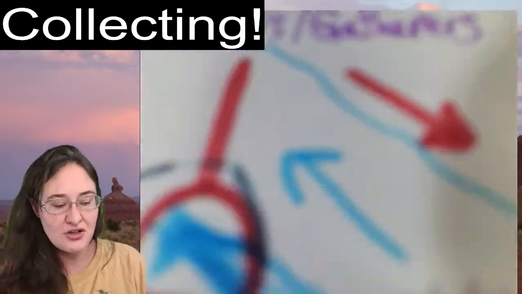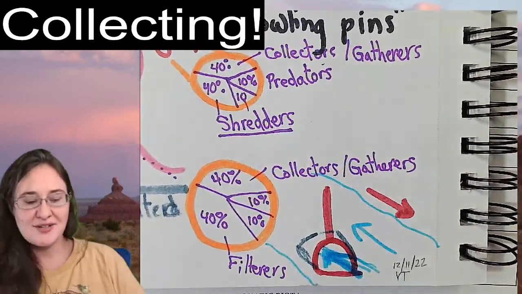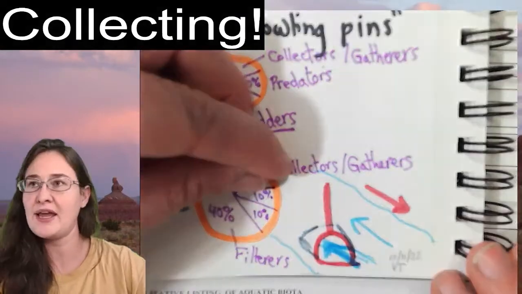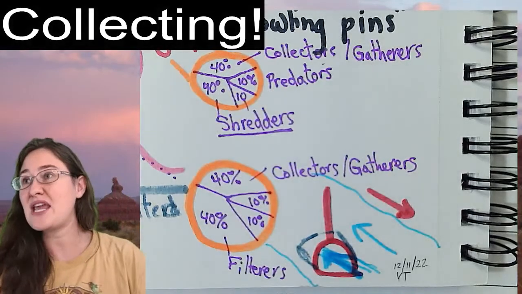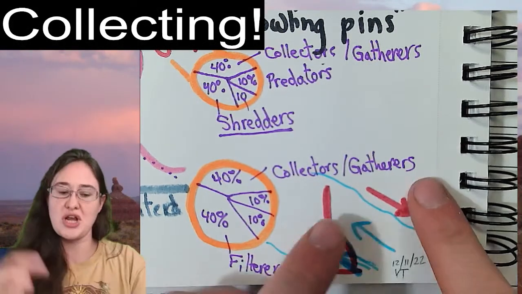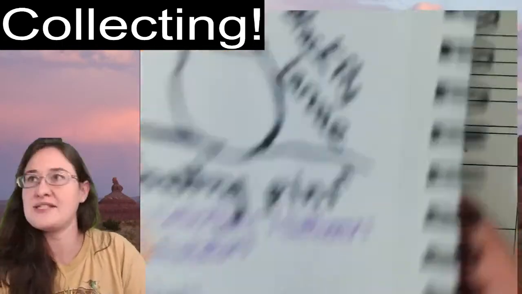You can also go up to the edges of the river, especially if the water body is eroding underneath the bank. Sometimes taking this net and putting it under the bank and swooshing up is going to get you a whole different variety of insects.